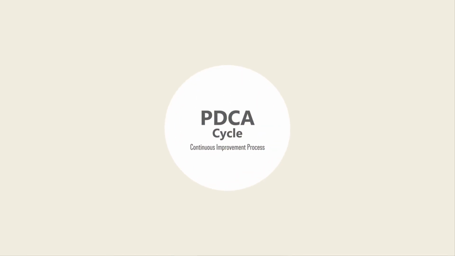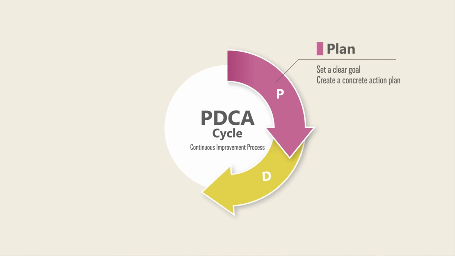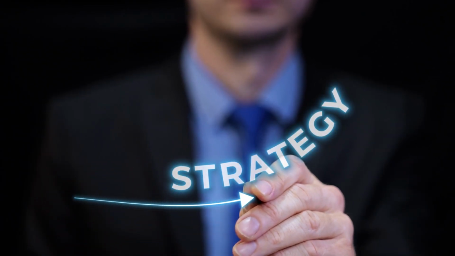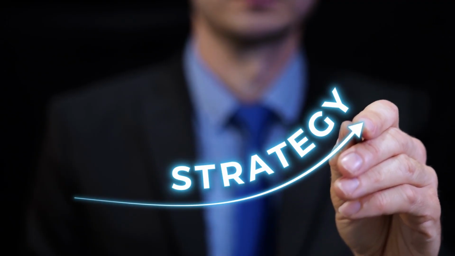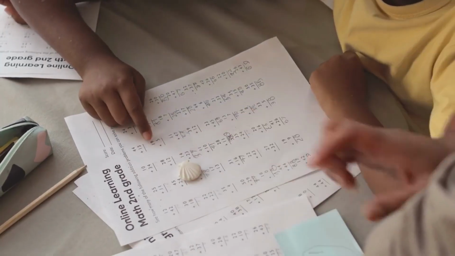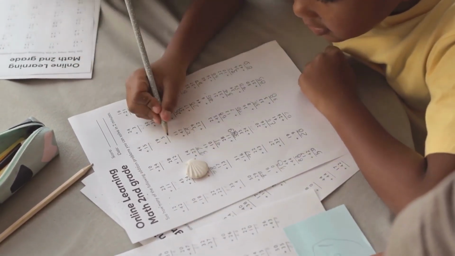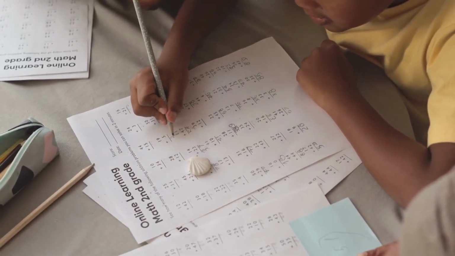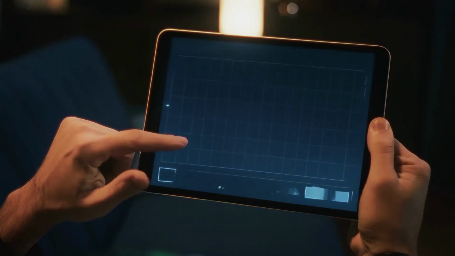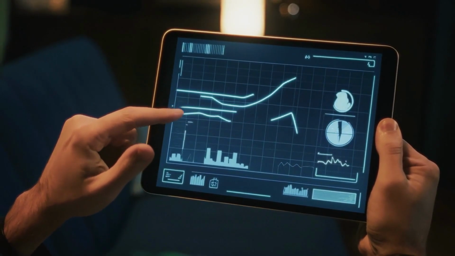A vocabulary gap in Year 8 compounds into a comprehension gap in Year 10. The understanding strategy resolves these at the root, and the scale of the opportunity is significant. 5 new maths vocabulary words, genuinely learned per school day, not memorized but owned, covers more than a full year's worth of new terminology within a single month. The effect on comprehension and results in that subject can be immediate.